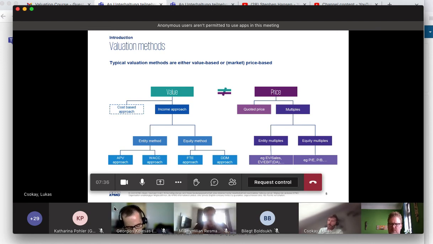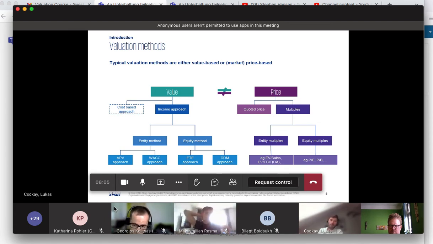This means if you don't have the quoted price, then you could use, for example, the EV sales multiple of your peers. So you have a peer group, and then you calculate multiples for your publicly listed peers. You calculate, for example, the EV sales multiple and apply it to your company, but we will get to that.